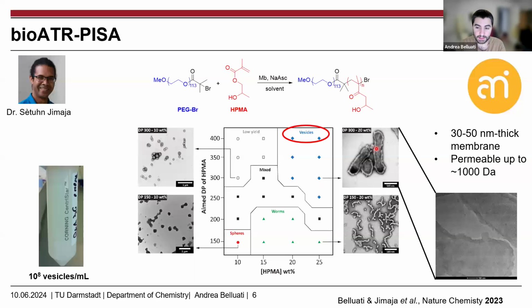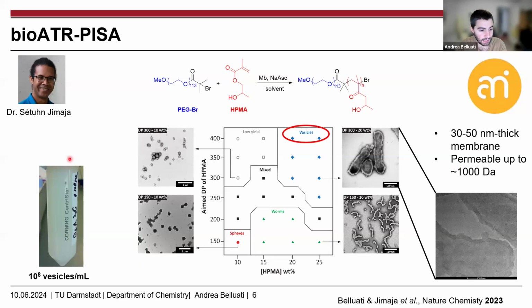Now, if you look at this, you can see in this area, we got vesicles with a membrane that was quite thick, 30 to 50 nanometers, so quite much thicker than normal liposomes, but still was permeable to up to roughly 1000 Daltons.